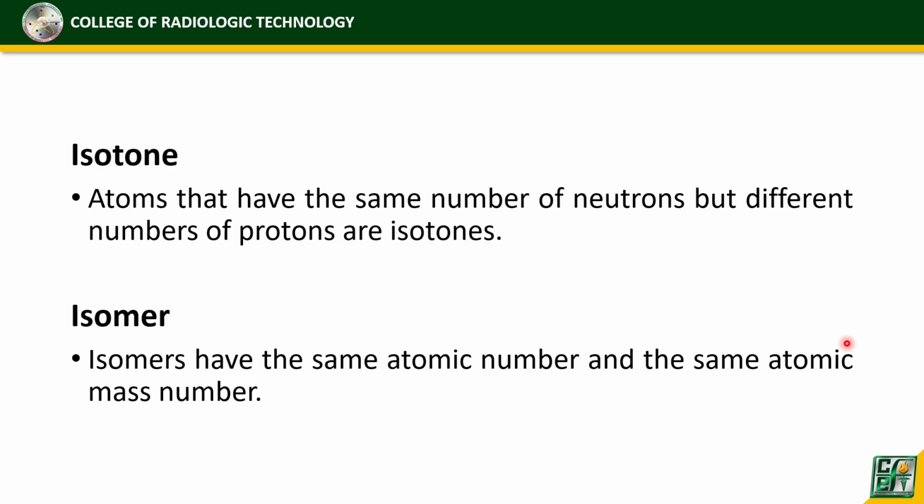Next, isomer. Isomers have the same atomic number and the same atomic mass number. Isomer: same, same. Isotone: different, different. Isotope: different atomic mass number, same atomic number.